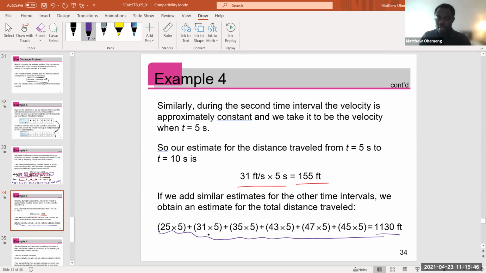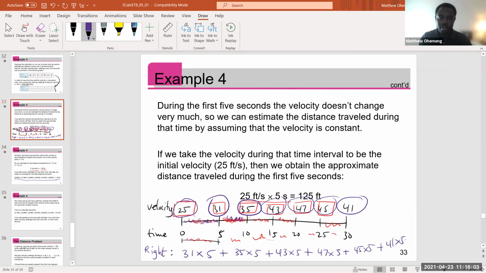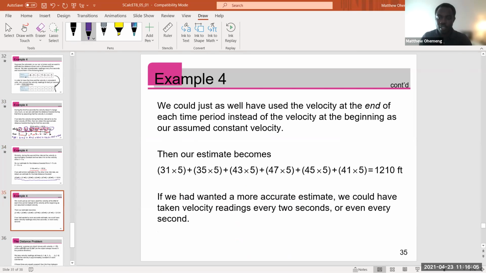So that's the estimate. And then our other estimate is what? We assume that the velocity that we left the interval with was the constant velocity we're traveling within the interval. So that's 31 times 5, 35 times 5, and so on. That's the one I wrote down here, and that one is also giving us this 1,210 feet. So that's the estimate.